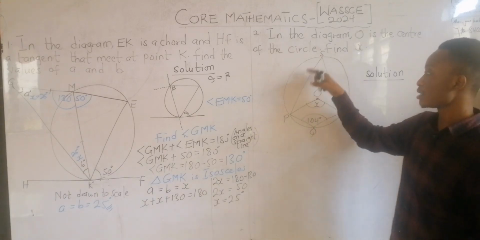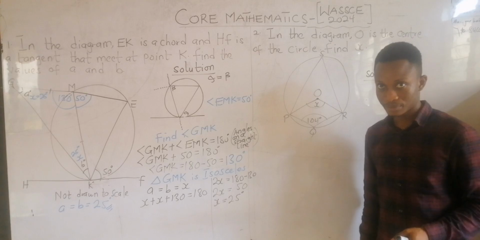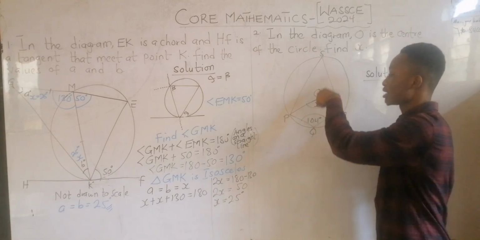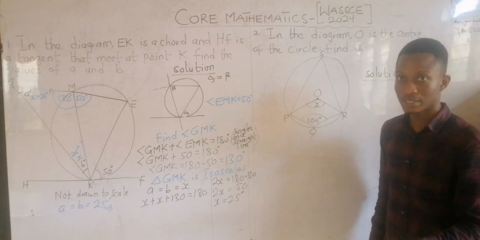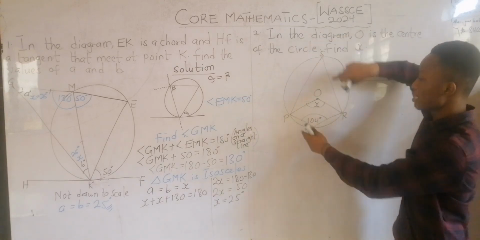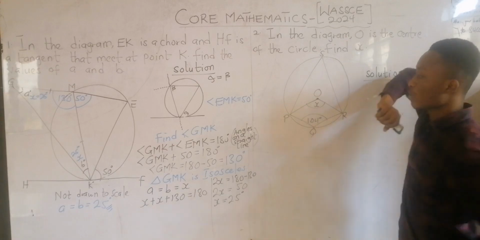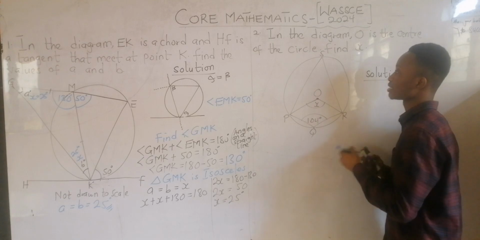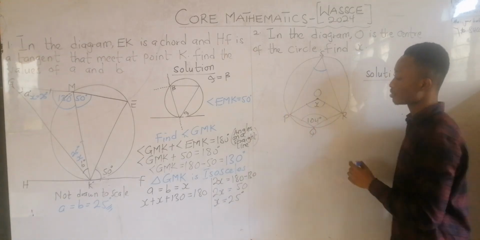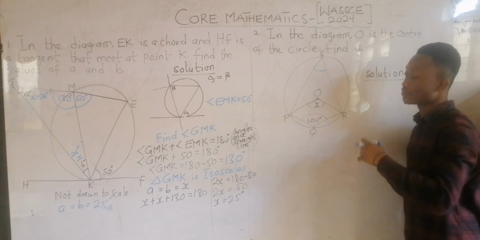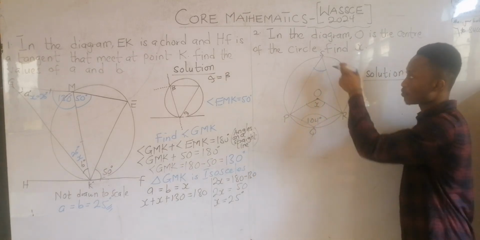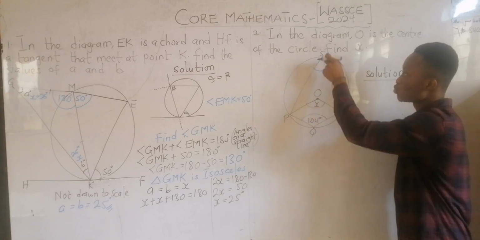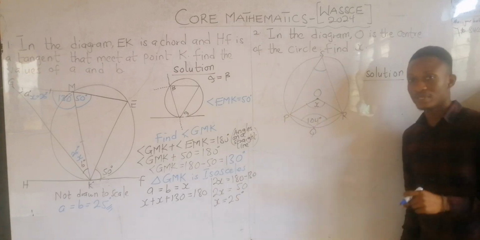A quadrilateral in a circle, when you add all the four angles, is equal to 360. But when you consider opposite angles, they are 180, 180. So here, we can first find this angle. Since 104 and this angle give us 180, we subtract this from 180 to get this angle. Then 2 times the angle here will give us x.